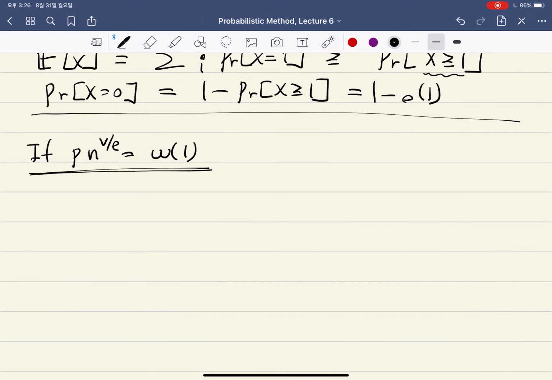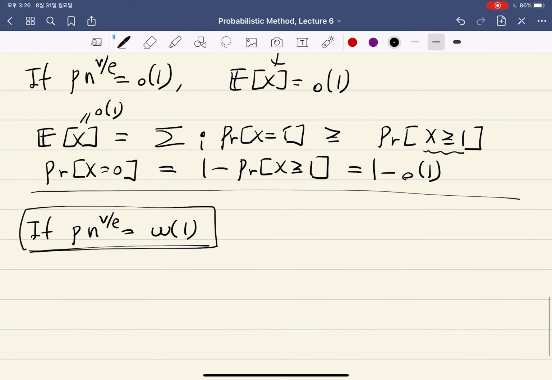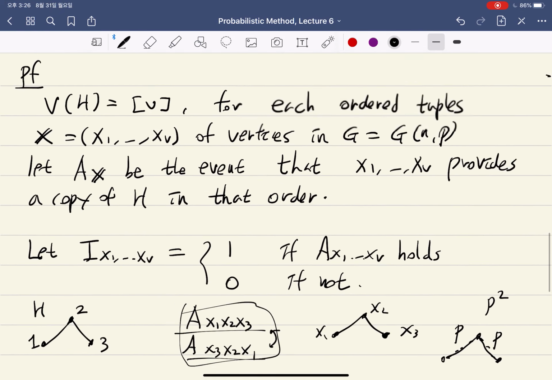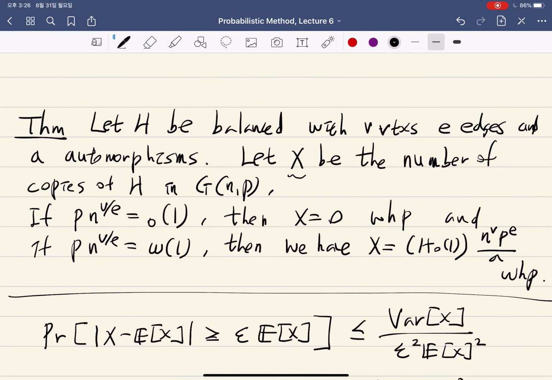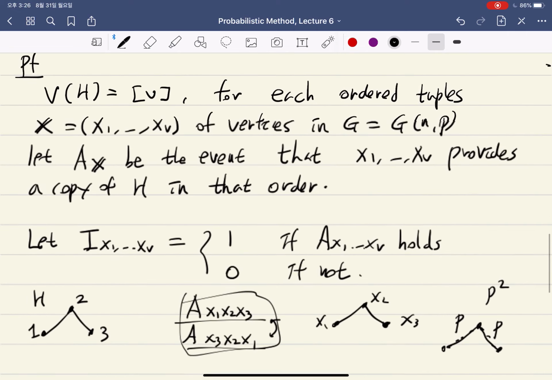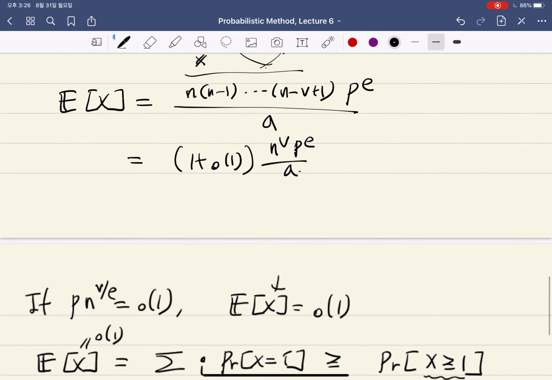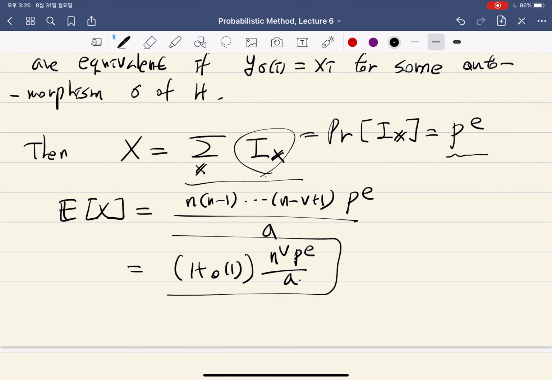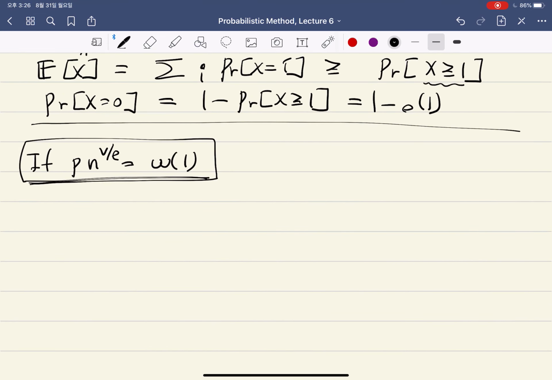So now we want to show this. For this case, we want to show that X is close to its expectation. We already showed the expectation of X, and we want to show that X is very concentrated around its expectation.